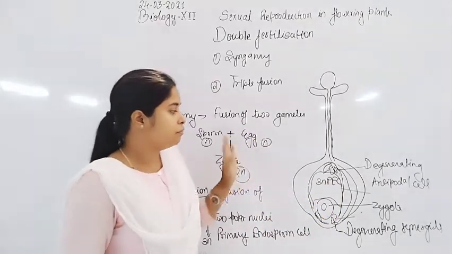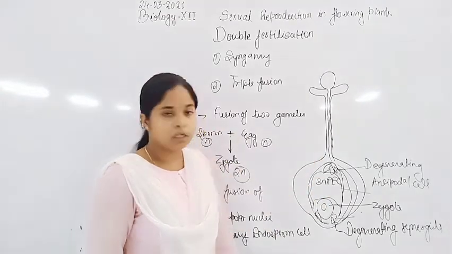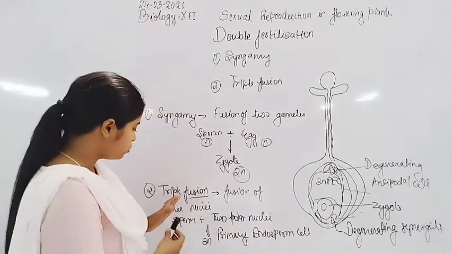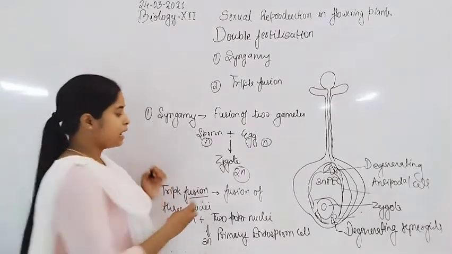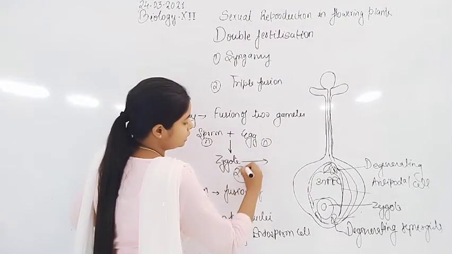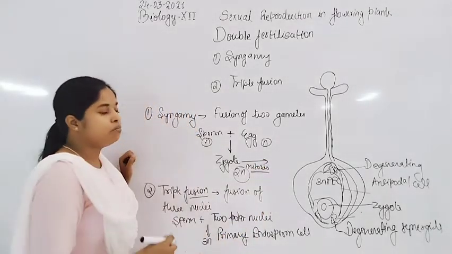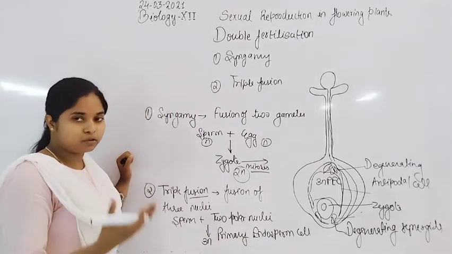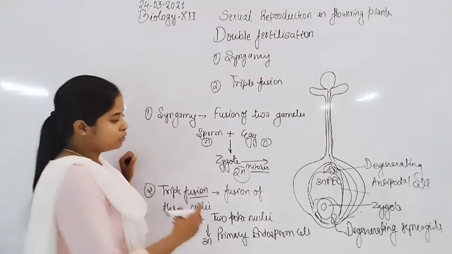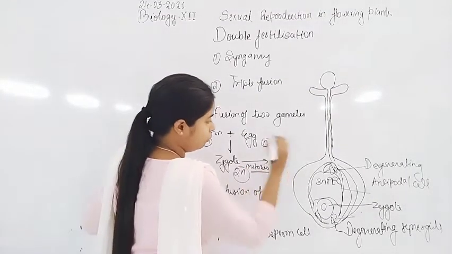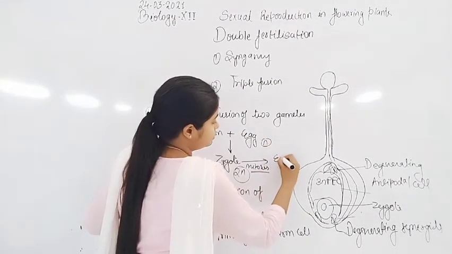What happens after multiple divisions? The zygote undergoes multiple divisions, that is mitosis. After the mitosis process, there will be formation of the embryo.